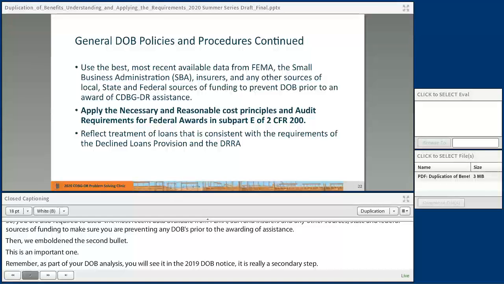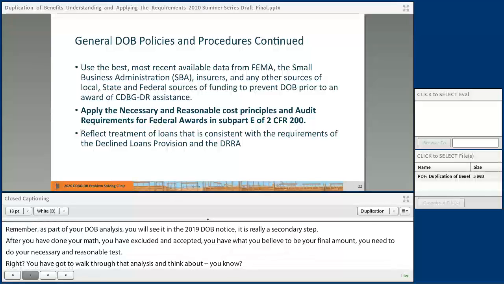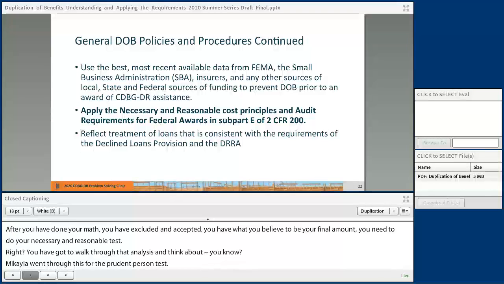So you've got to walk through that analysis and think about, and Michaela went through this, the prudent person test. You have to have some things set up in your program to make sure that you're doing that analysis as part of this whole DOB process. So don't forget about that.